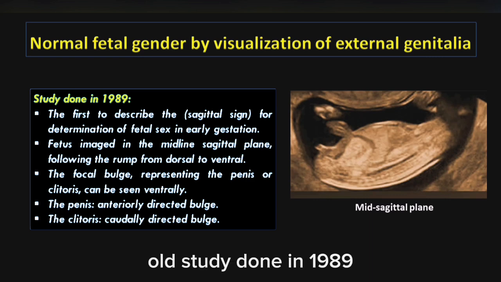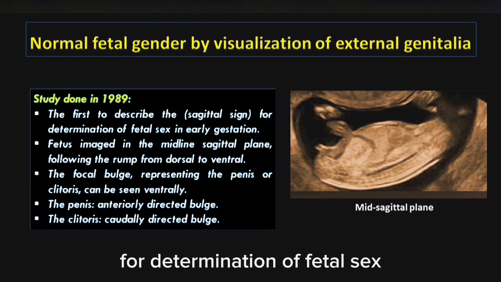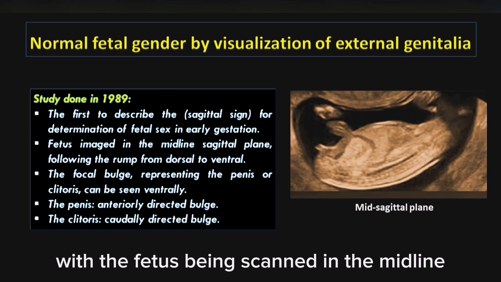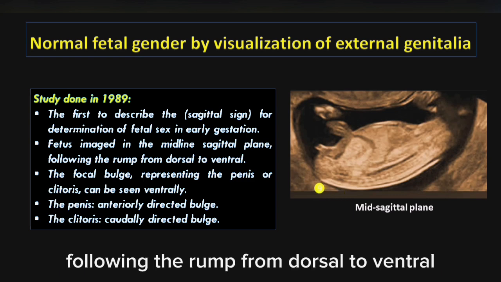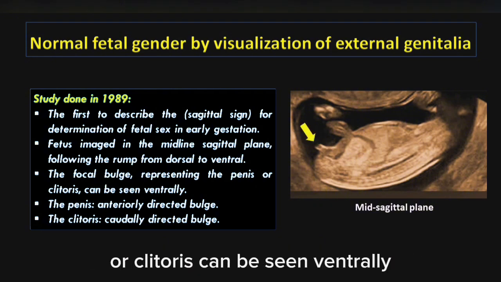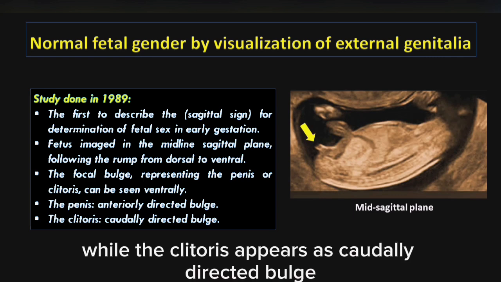An old study done in 1989 was the first to describe the sagittal sign for determination of fetal sex in early gestation, with the fetus being scanned in the midline sagittal plane, following the rump from dorsal to ventral. The focal bulge, representing the penis or clitoris, can be seen ventrally. The penis appears as an anteriorly directed bulge, while the clitoris appears as a caudally directed bulge.